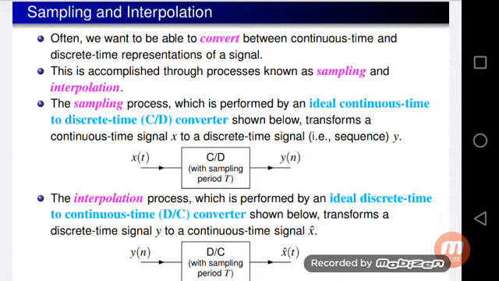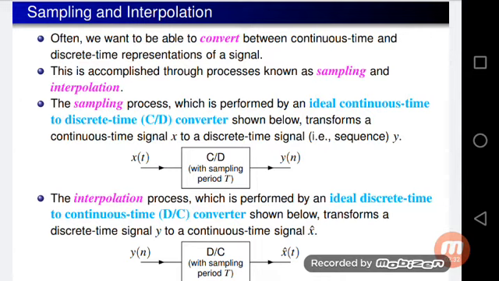The overall meaning of sampling is nothing but CT converted into DT. CT means continuous time signal and DT means discrete time signal. So that is the simple form of sampling or sampler.